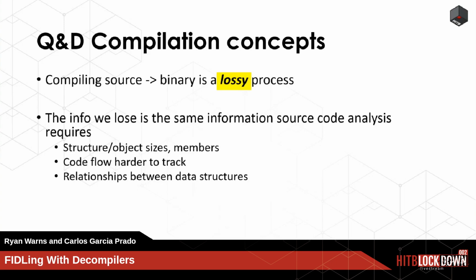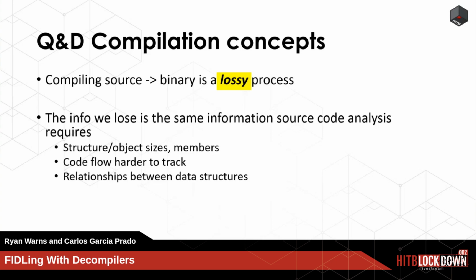Then on top of that, another way to think of it is when you compile, you have basically everything you would have if we were looking at it from a source code perspective. So things like header files, typedefs, function definitions, structure definitions. The compiler has all of that information and then basically throws away the stuff that's unnecessary for execution.